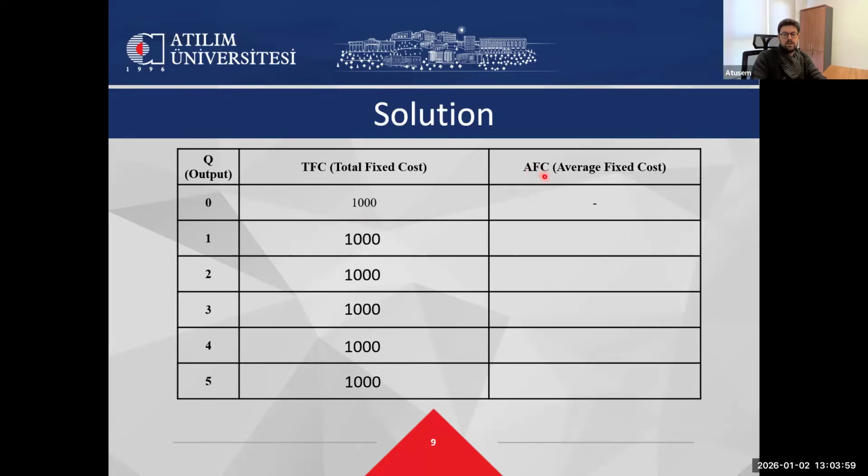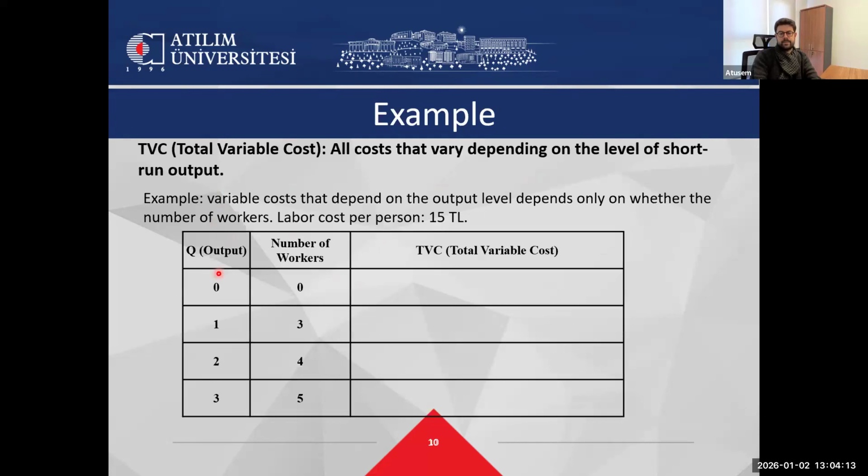Then average fixed cost is total fixed cost divided by quantity: 1000 divided by 0, undefined. 1000 divided by 1, 1000. 1000 divided by 2, it's going to go like that.